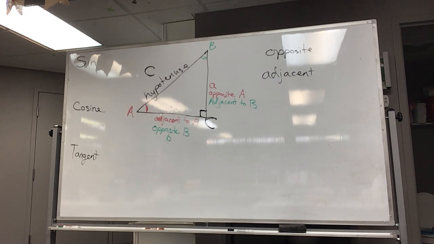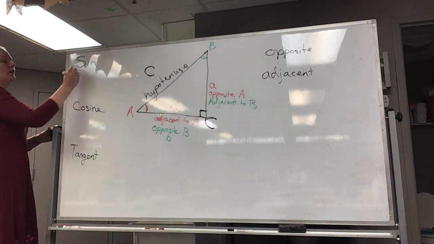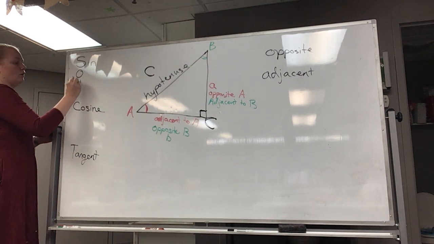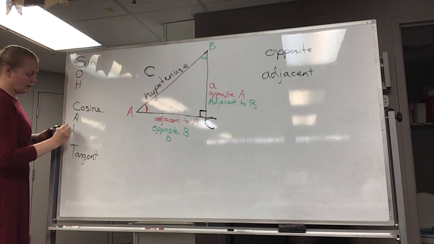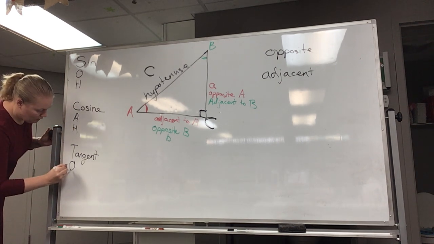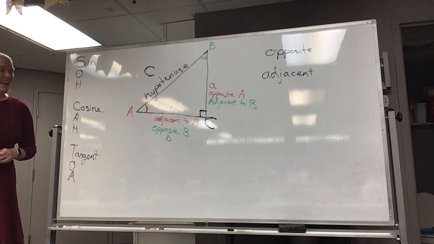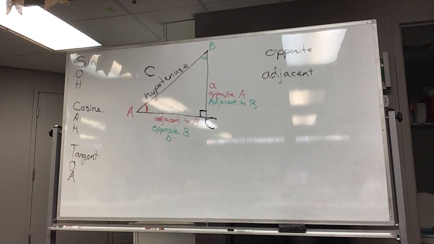These are the three pieces that we're going to use. The mnemonic for it is called SOH CAH TOA. And especially if you are taking geometry right now, very, very soon you're going to be expected to memorize this. It shows up a lot.